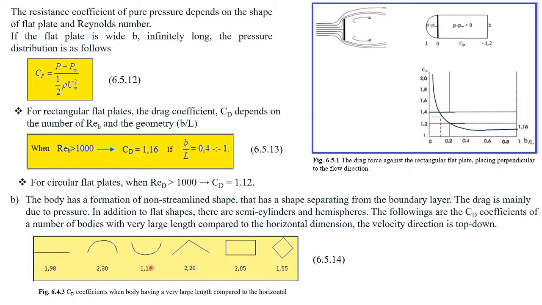And here you see the flow from upper to lower, that means in the vertical and downward direction. If the flow direction is like this, then this is the shape. We have many shapes, and we have the value of CD like this. Remember the flow direction is downward.